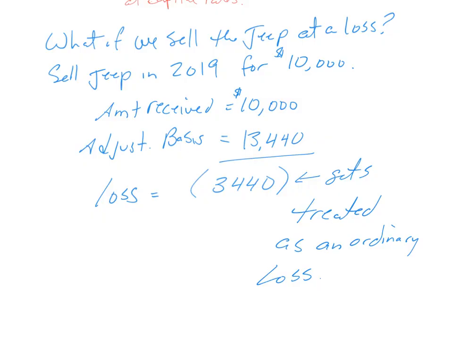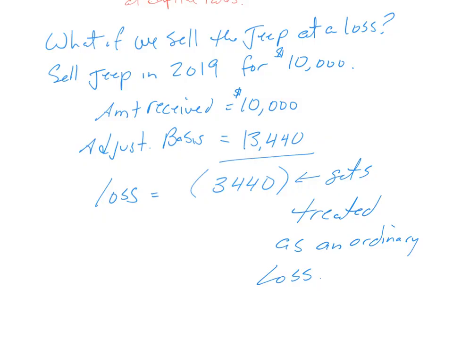Okay? So that's pretty cool. So that gets to be netted against your ordinary income and is not limited to that $3,000 a year deduction like a capital loss would be. So those are the three scenarios for Section 1231.